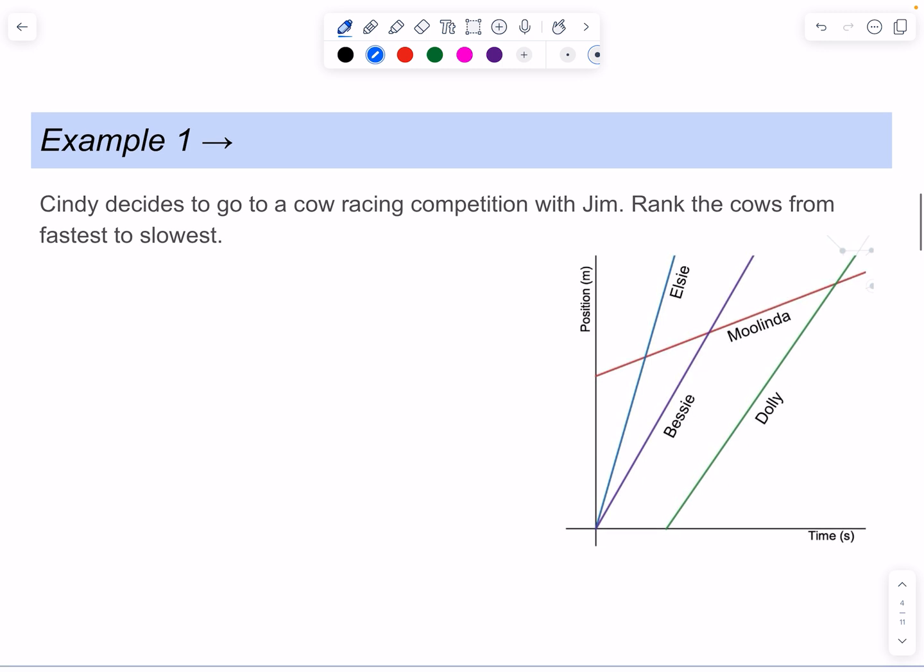First off, Cindy decides to go to a cow racing competition with Jim. Rank the cows from fastest to slowest. If I want to look at fastest to slowest, I want to look at the relative steepness of each of those slopes. I see that there aren't any numbers attached to this, so I'm just going to use my best guess. But it looks like Elsie's slope is the steepest, followed by Bessie.